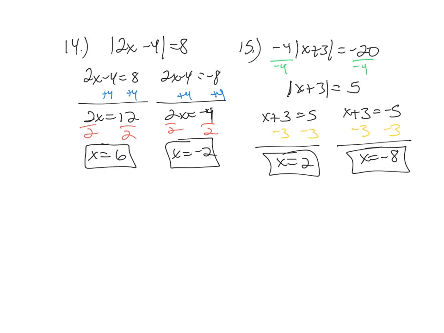Okay, so here's another hard one. Write an absolute value equation if the answers are x equals -2 and 8. So here's what I recommend.